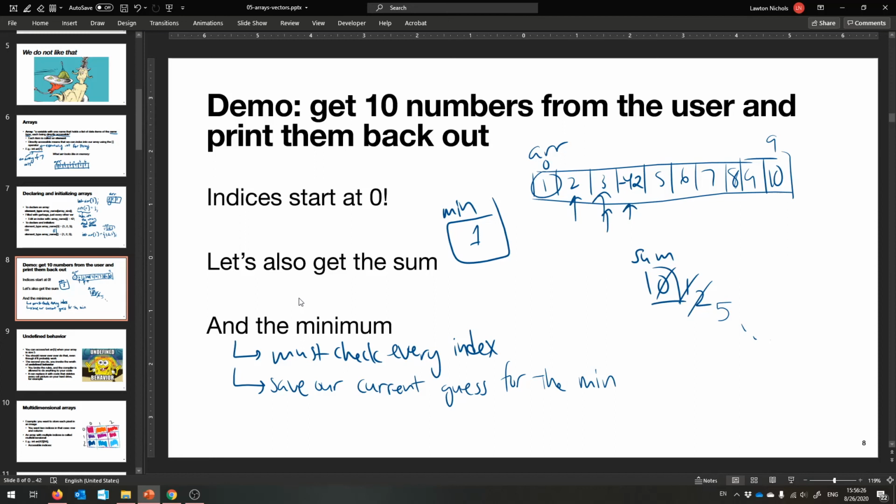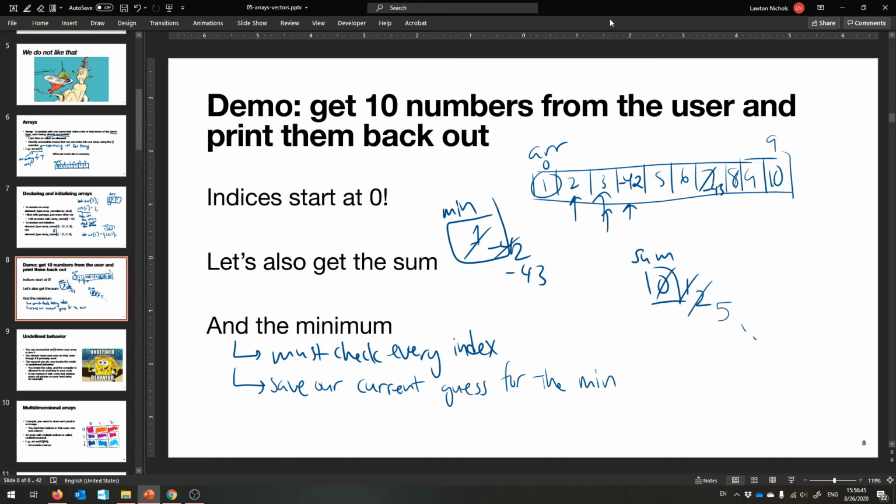Once we get here, though, the min needs to change to negative 42, because we've seen this far into the array, and we have some new information. And then negative 42 should stay the minimum, unless later we see something like negative 43. You see that?